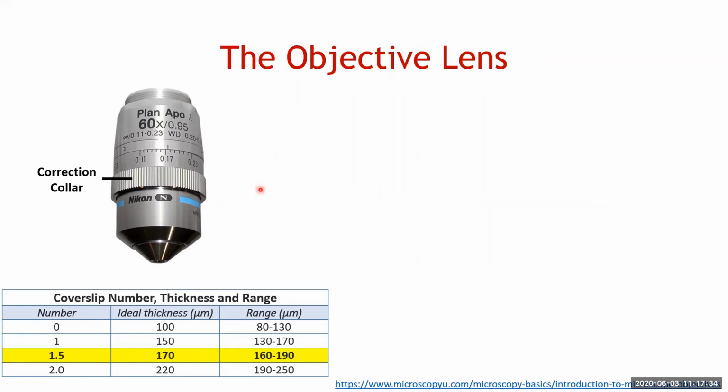Unfortunately there are quite a few different cover slips, but we try to train people to stick to the 1.5, because that's the most common. Not all lenses have this correction, and they'll be fixed at a certain number, most of them at 0.17, which has a general range between here.